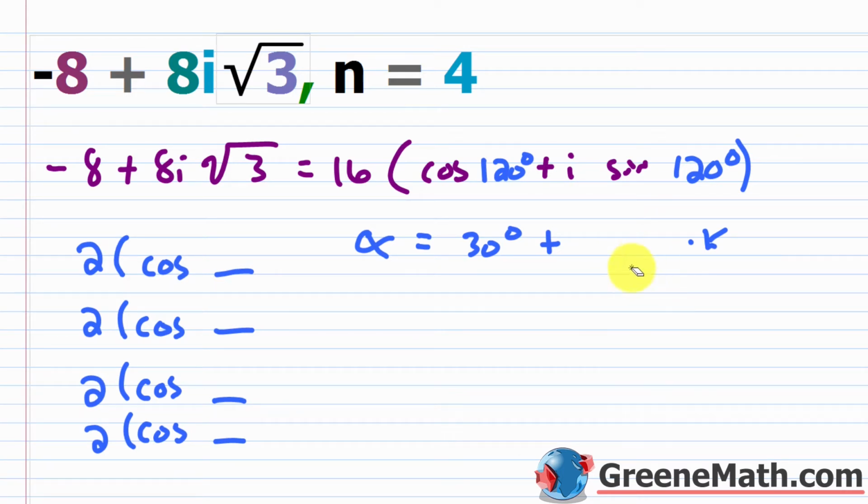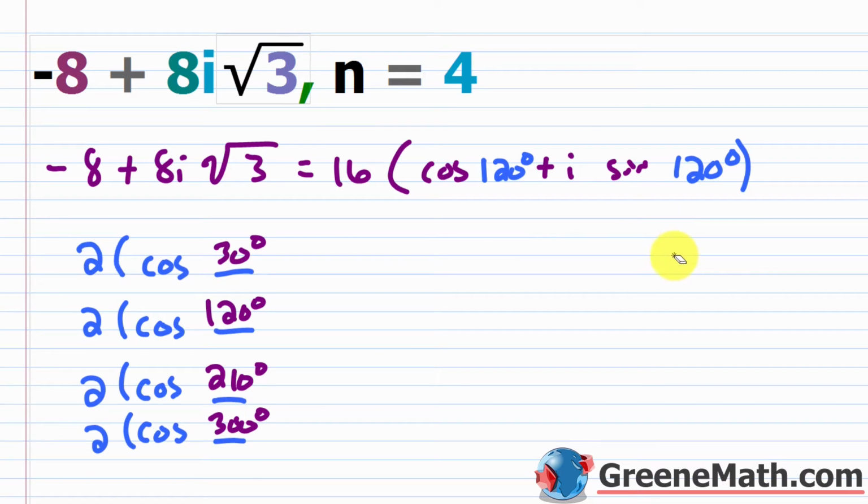So this would be 90 degrees times k. So for the first instance, this would be 30 degrees. So let's go ahead and put 30 degrees here. I'll fill out the rest in a moment. In the next instance, it's going to be plus 90 degrees, so this would be 120 degrees. Then plus 90 degrees, so this would be 210 degrees. Then plus 90 degrees, so this would be 300 degrees.